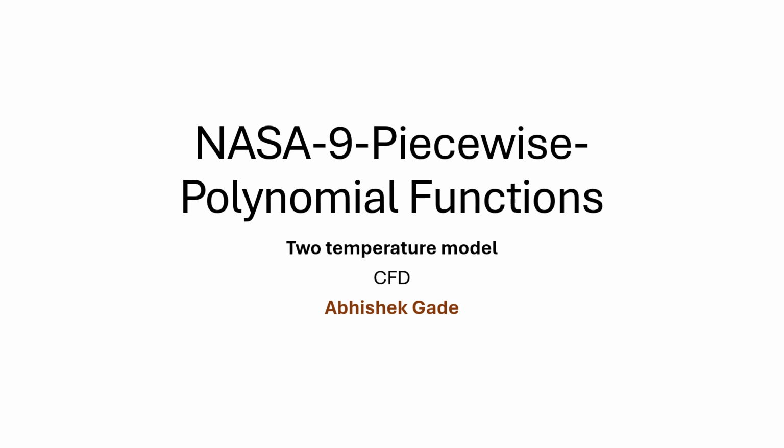One set will remain in equilibrium at one temperature and the other at another temperature. So translational and rotational energy modes of species will remain in equilibrium at one temperature, whereas the vibrational and electronic energy modes of species will remain in equilibrium at another temperature.